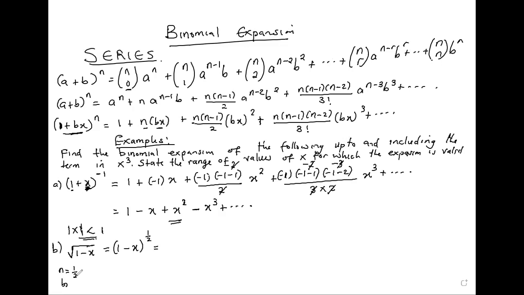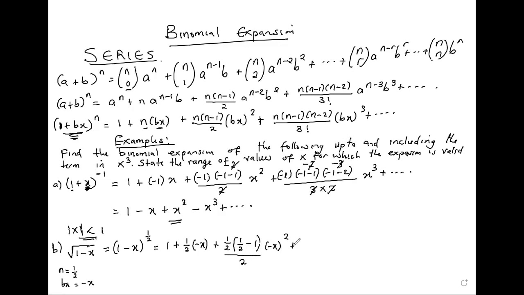Okay, and the whole bx in the formula is just -x in this formula here. So we're substituting now on the right. So say, okay, this is 1 plus n, you put half, multiplied by the bx, which is -x, plus n, you put half, n minus 1, that is half minus 1, over 2, and then (-x)^2.